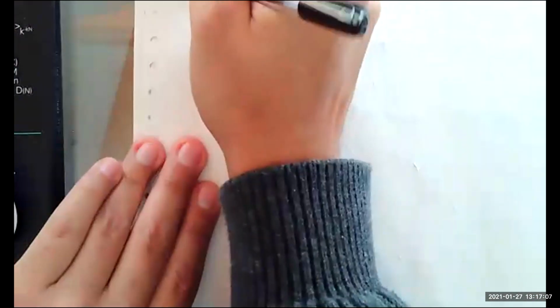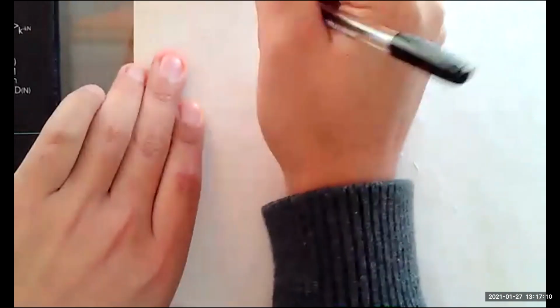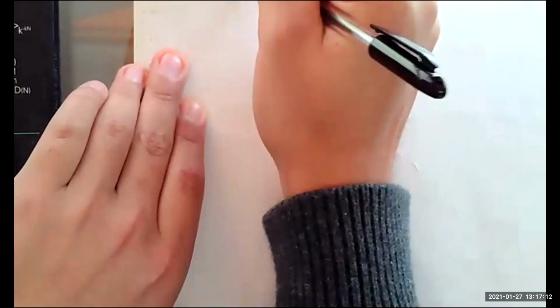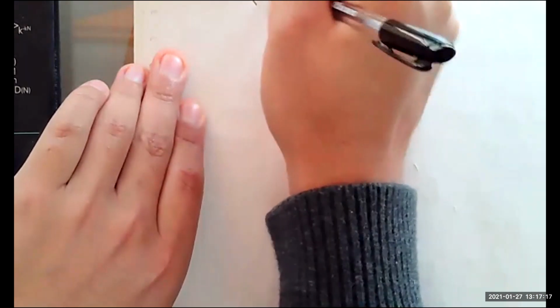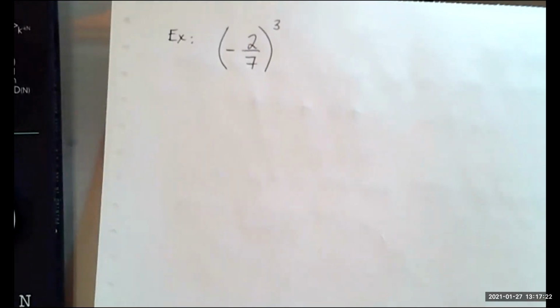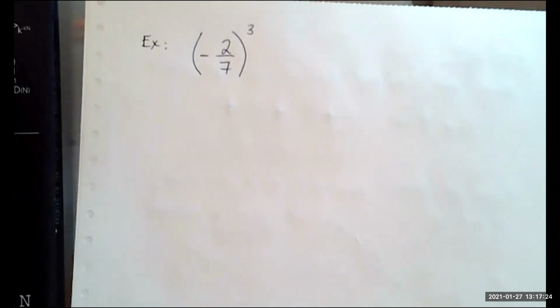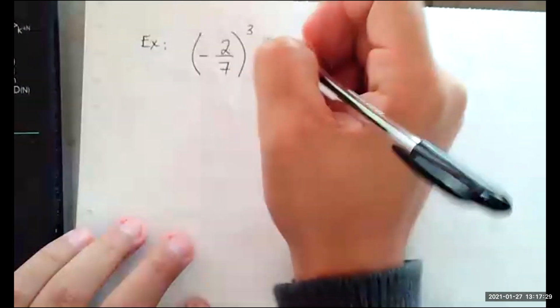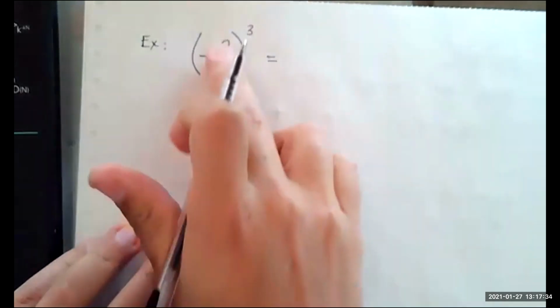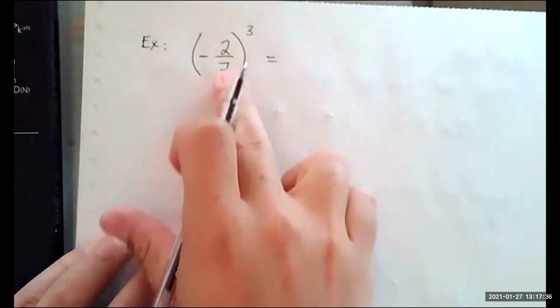Okay, let's look at a negative. Now if I have a negative in here, let's say negative 2/7 raised to the third power. Well, I'll go ahead and apply the definition of our exponent, but this is negative 2/7, and I need 3 copies of this.